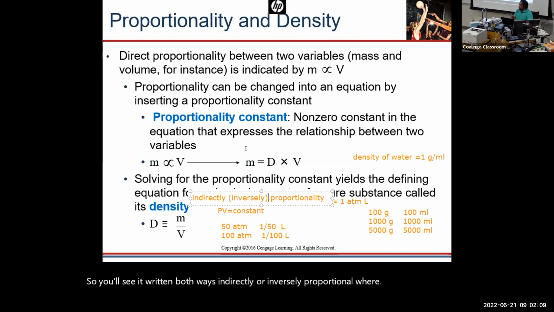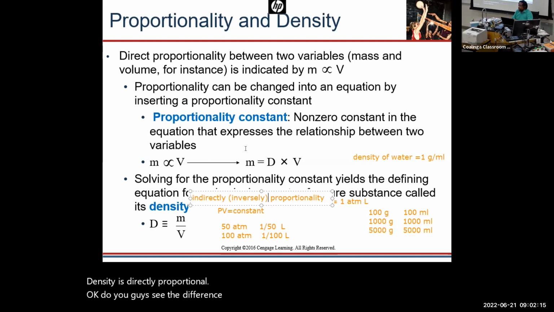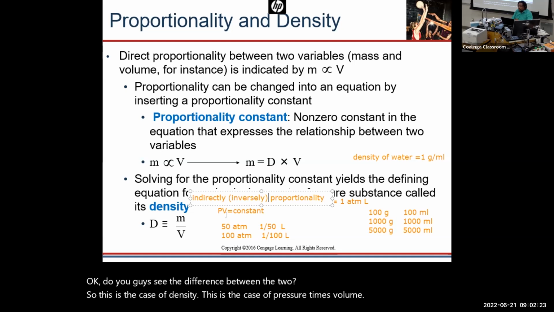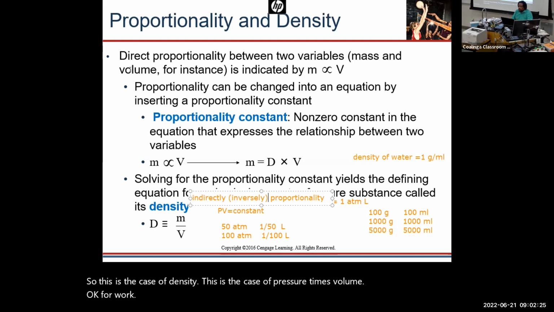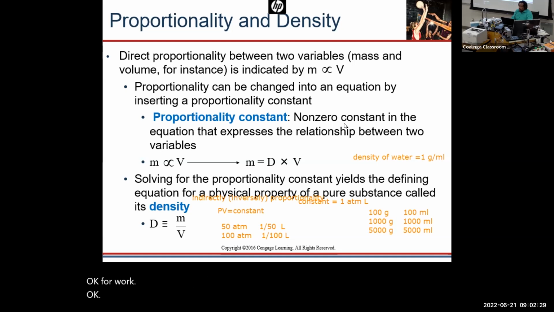Whereas density is directly proportional. Do you guys see the difference between the two? This is the case of density. This is the case of pressure times flow. You'll come across this, and I always have a question on the exam.